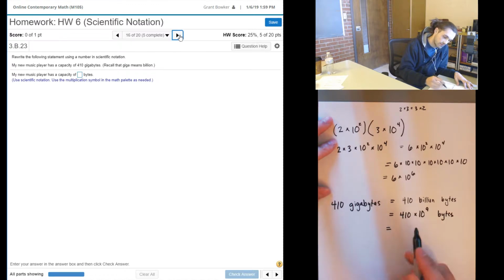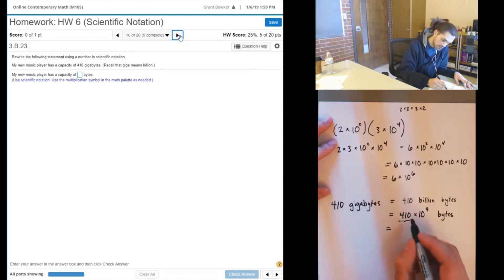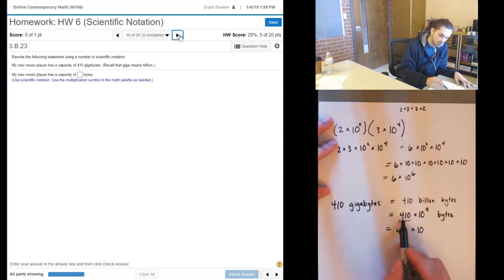And from here, recall we need to get this multiplicative factor that's sitting out front to fall in between 1 and 10. So I need to move my decimal place 2 spots to get 4.1 times 10. Those 2 spots we moved need to be accounted for with this power of 10. So we'll add 2 more to the 9 to get 11.